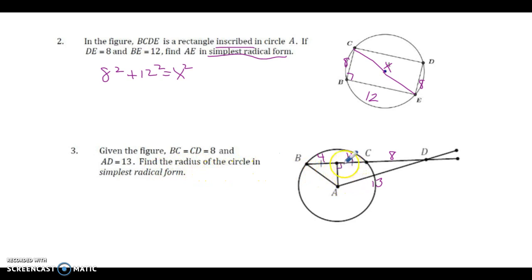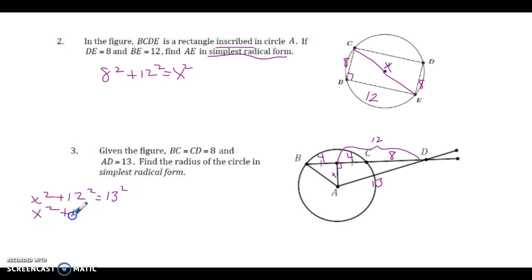So I'm going to have to do this in a couple steps because really I know that this whole length, since I know it has pieces of 4 and 8, that is actually 12. So I'm going to go ahead and do Pythagorean theorem. I'm going to call this x for a minute. I'm going to say x squared plus 12 squared equals 13 squared.